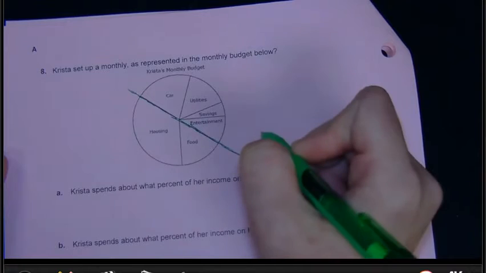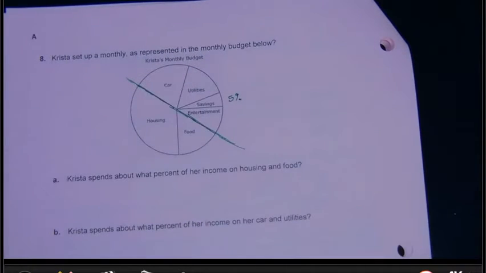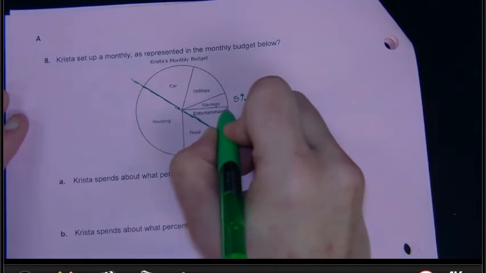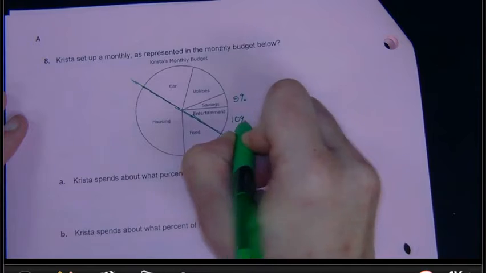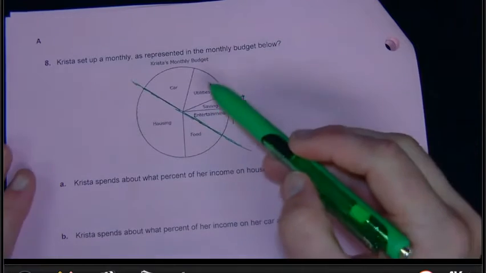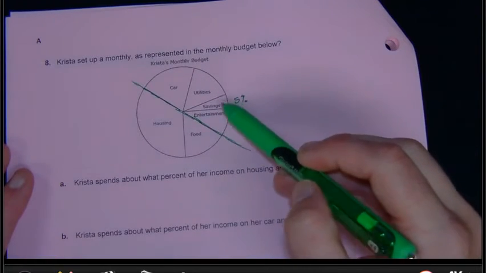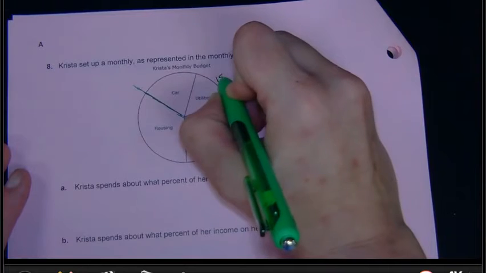I see right here that my savings is the smallest part, and I'm going to assume that my savings is 5%. After my savings of 5%, it looks like entertainment is double my savings. So I'm going to double the answer here for entertainment at 10%. I see that utilities looks about the same size as both savings and entertainment put together. So I'm going to say that this is 15%.